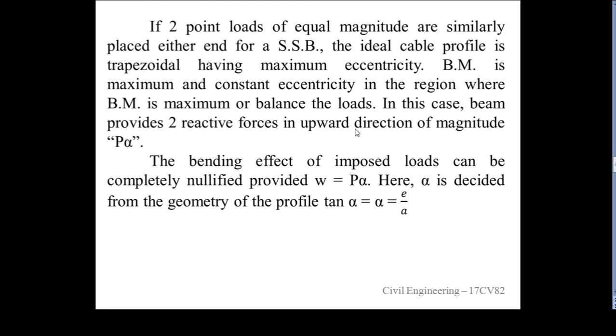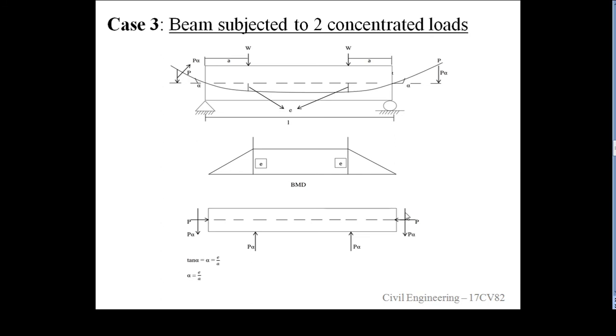In this case, the beam provides two reactive forces in upward direction of the magnitude P alpha. You see this figure, that is upward action. This is 2P alpha, this is P alpha, this summation is 2P alpha.